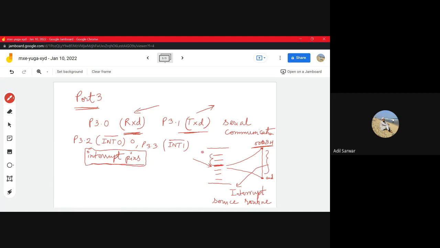So whenever an interrupt occurs, the control from the main program moves to the service routine program. The service routine is executed, and then control moves back to the original program and continues executing the rest of the instructions.